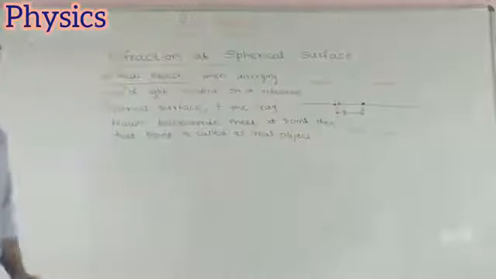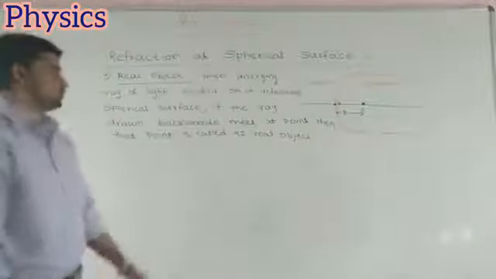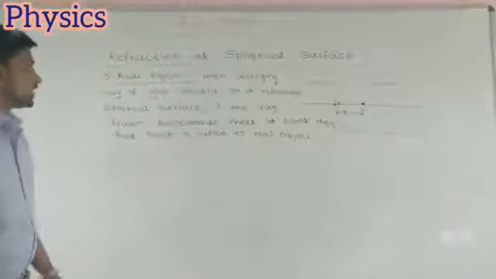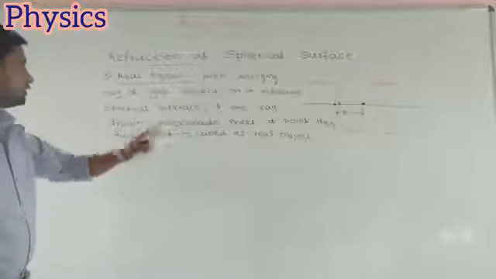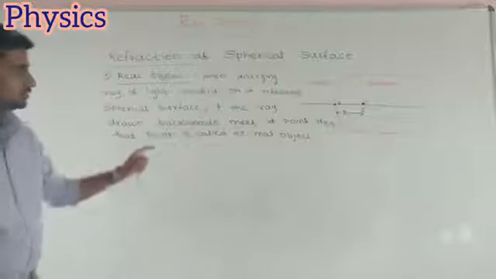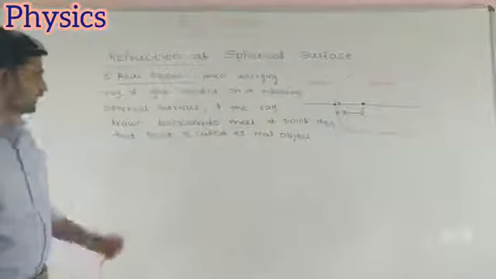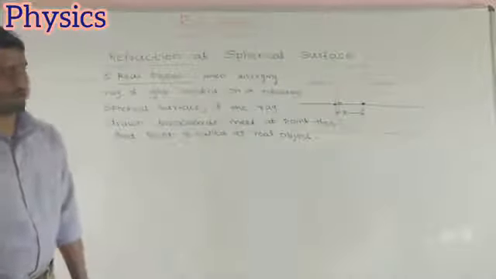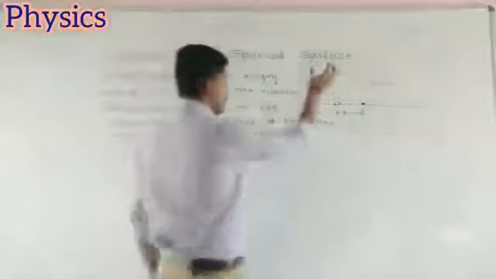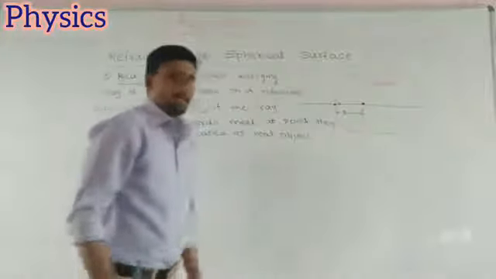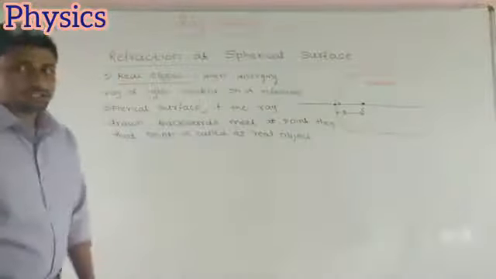See here, this is important in the case of a spherical surface. When a diverging ray of light is incident on a refracting spherical surface, if the ray drawn backwards meets at a point, then that point is called a real object. Suppose a diverging ray of light. What do you mean by diverging ray of light?